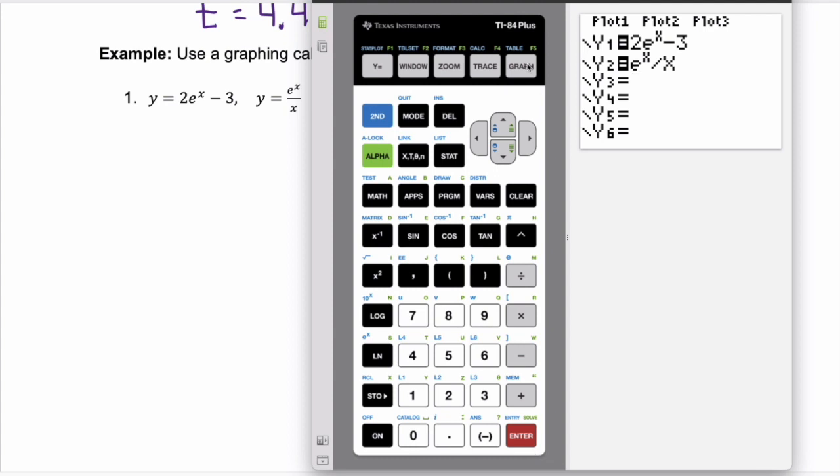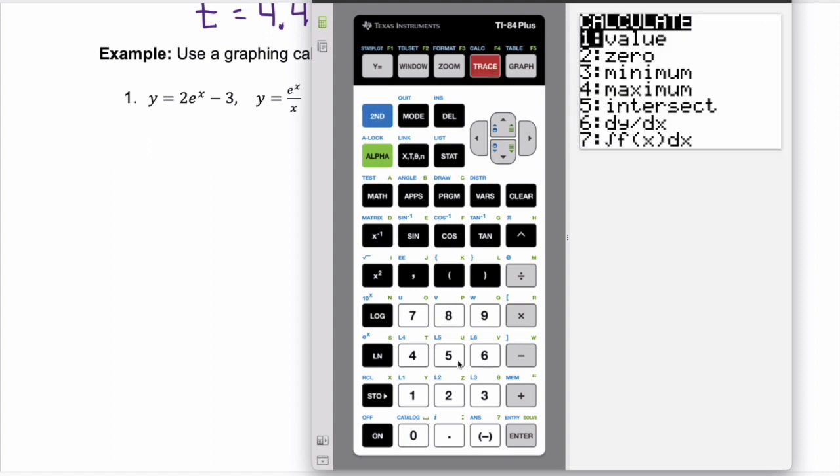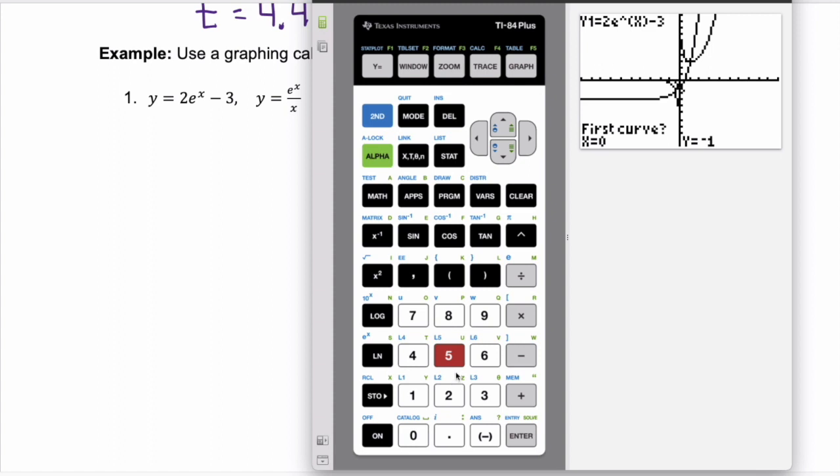Then we can hit the graph button. Here we have our graph. It looks a little chaotic, but we can see that we have 2 points of intersection. And to find those points of intersection, remember we need to hit second, trace, and then 5 for intersection. Now it's asking, is this your first curve? Yes, that's correct. I'll hit enter. Is that your second curve? Correct.